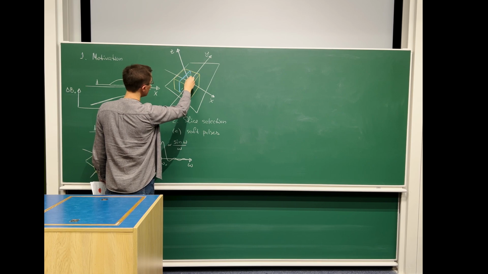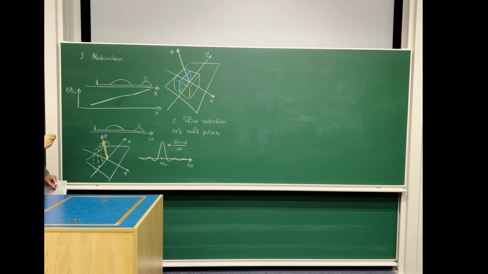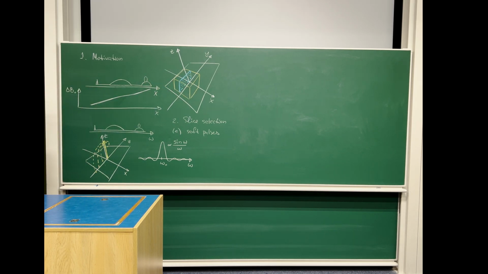So we have that particular slice of the sample responding to the pulse, and all of the other spins will continue sitting on the z-axis like nothing happened. Okay, this is the first step in our attempt to do three-dimensional imaging.